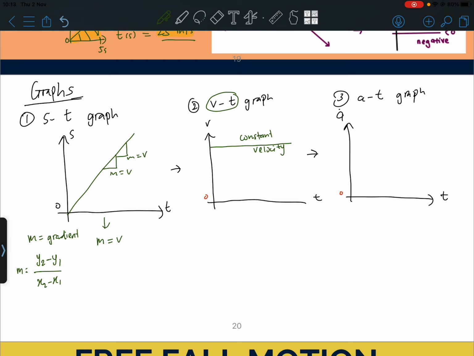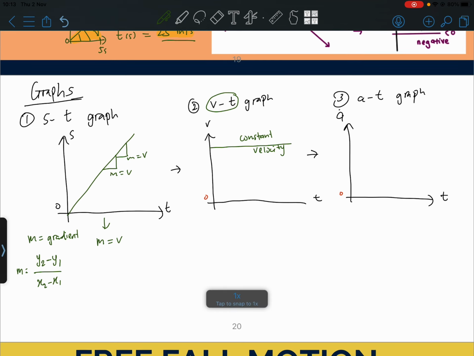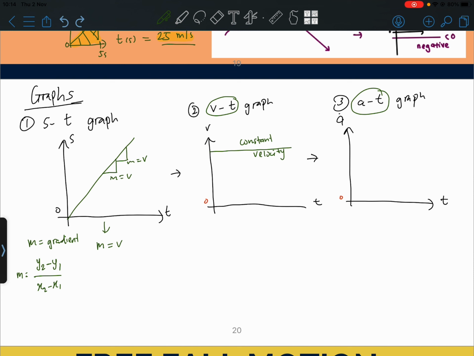And if you transfer into the AT graph, remember, in the previous ST graph, when you have a constant position, you have a 0 velocity, and over here if you have constant velocity, you will have a 0 acceleration. So it will look like this.